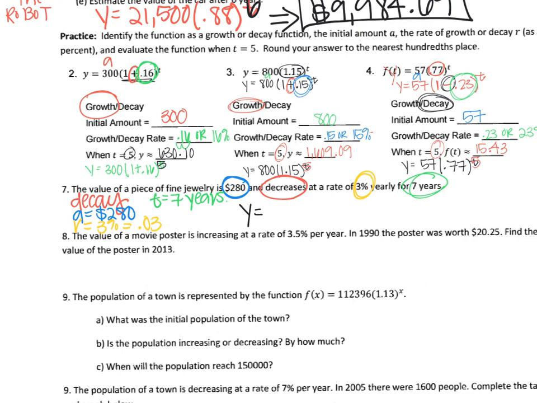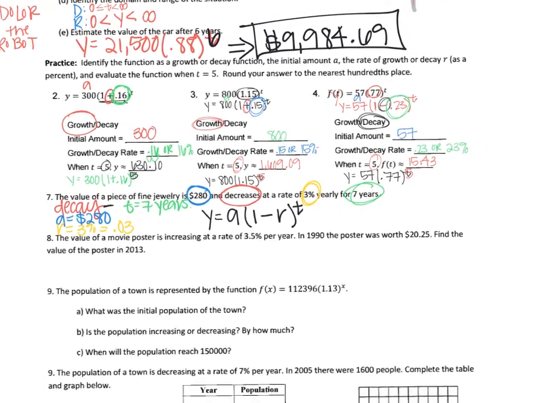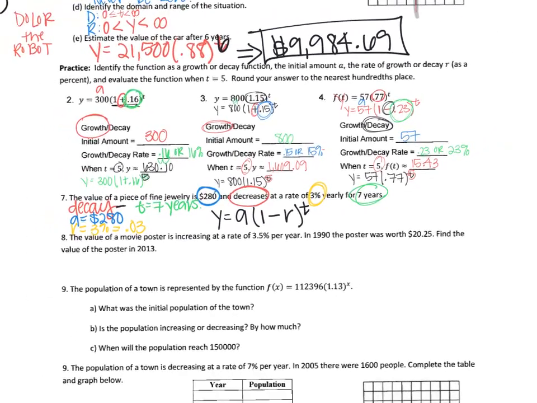Y equals A times 1. Since it is decay, I know I'm subtracting, minus whatever my rate is to the t power. Well, I know what all that is. I'm just going to plug in now. We said A was 280. We said my rate was 0.03 and my time was 7.